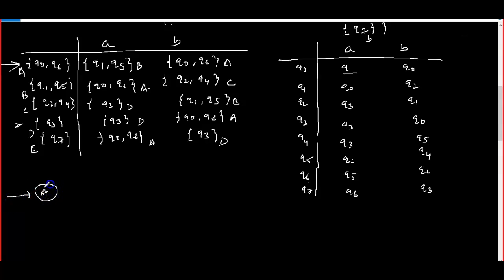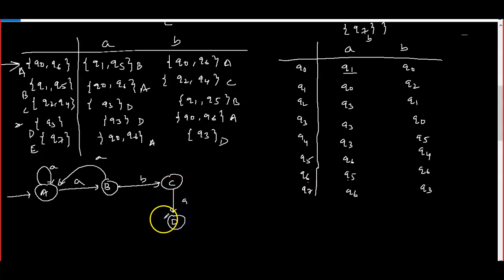Means A to small a, it's going to B. A to small b, it's going to A itself. B to small a, it's going to the capital A. Okay? And B to small b, it's going to C. C to A is D. Okay?